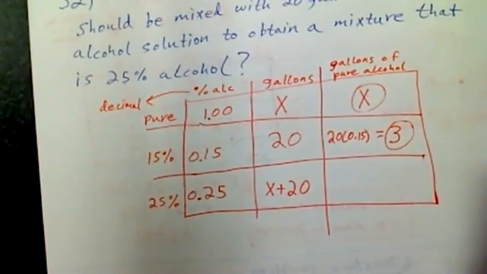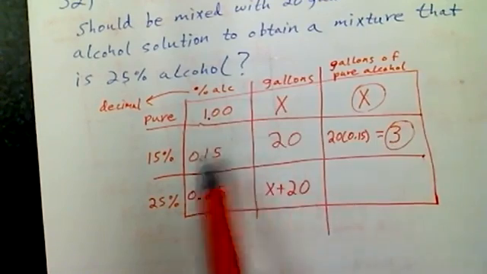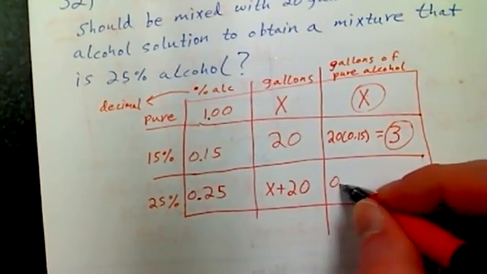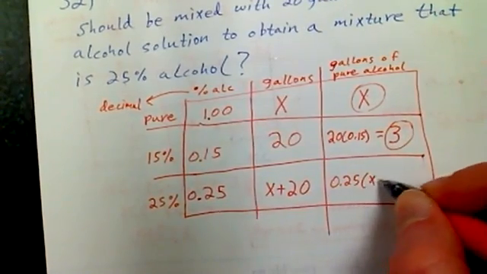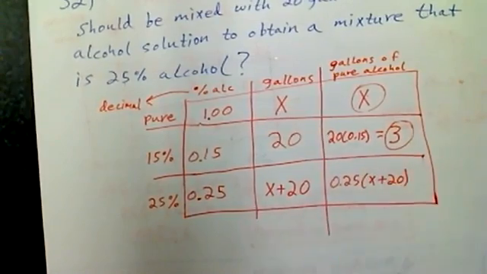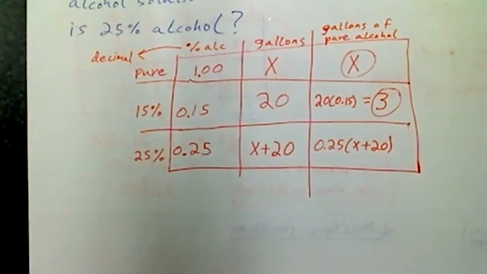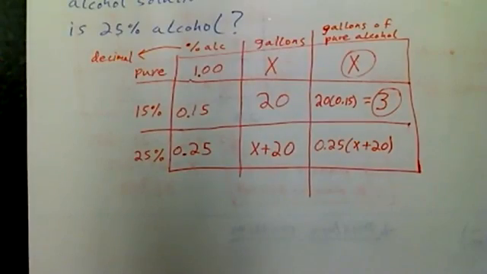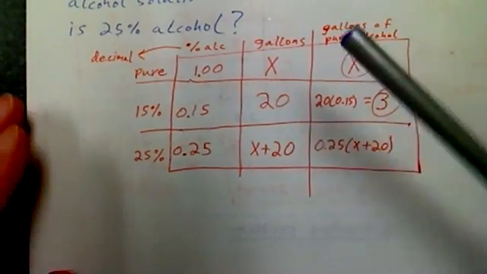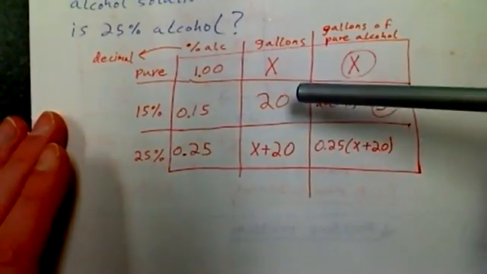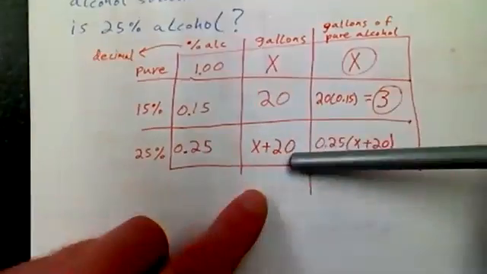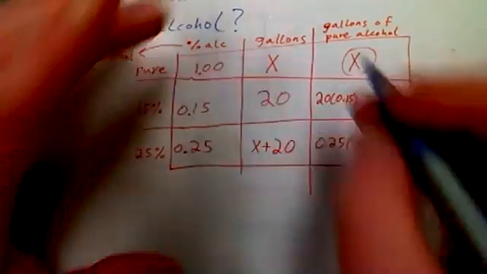And then finally, the 25%, if I follow the trend of multiplying across, this is going to be 0.25 times the number of gallons in the 25% mix, okay? So here's what we have. So what good does this do me? How am I going to solve for X? Well, if I add the gallons, this amount plus this amount is this, my X's are going to cancel. That's not going to do me any good.